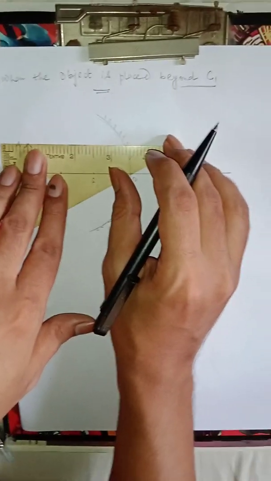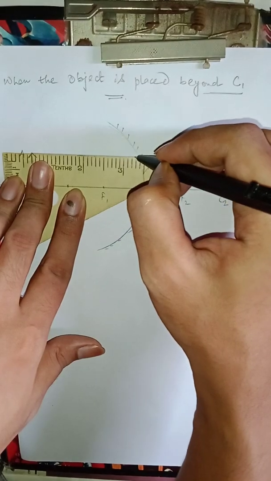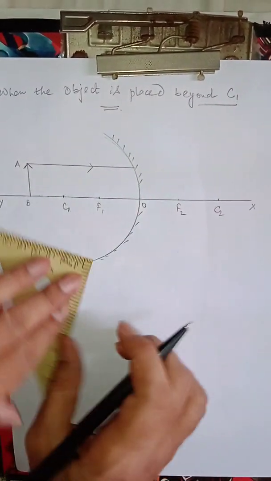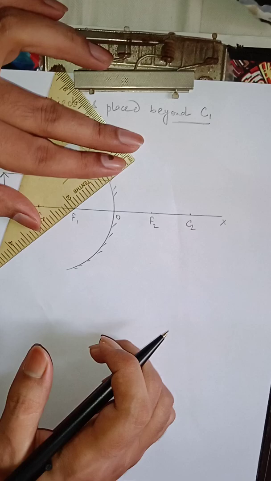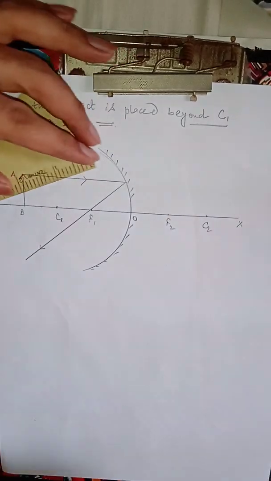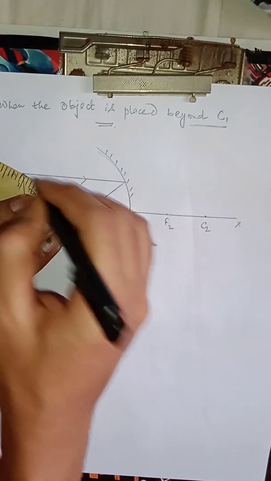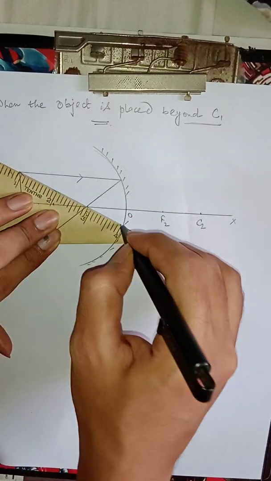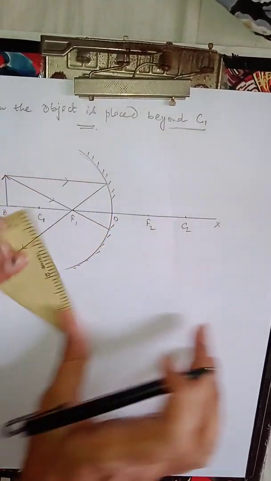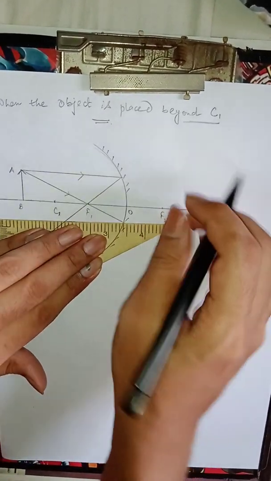Now as we know, one ray hits the mirror parallel to the principal axis, and it passes through the focus f1, and another ray which passes through the focus f1 reflects back, the reflected ray being parallel to the principal axis.